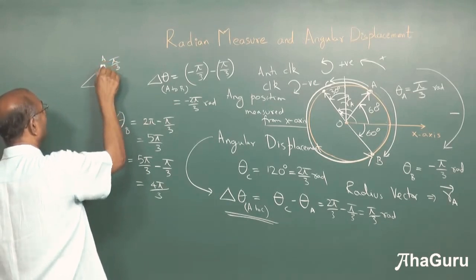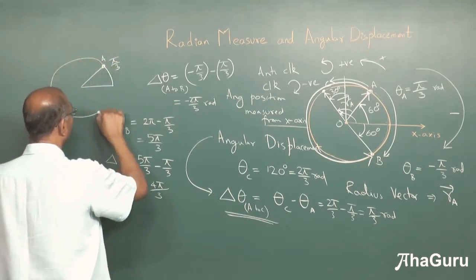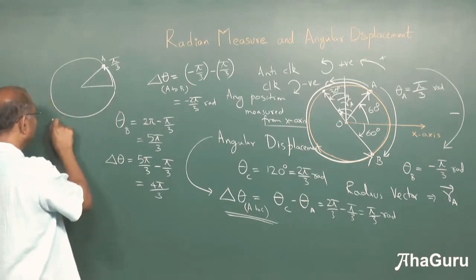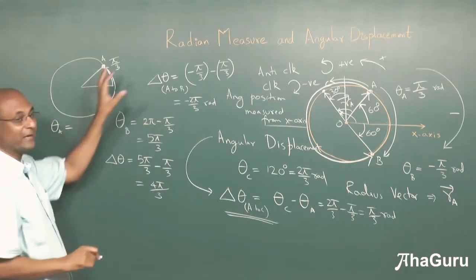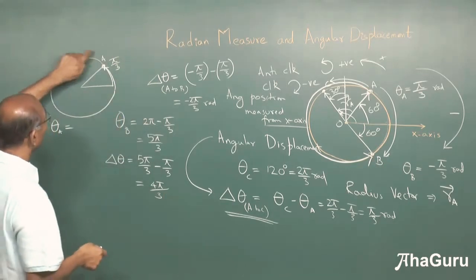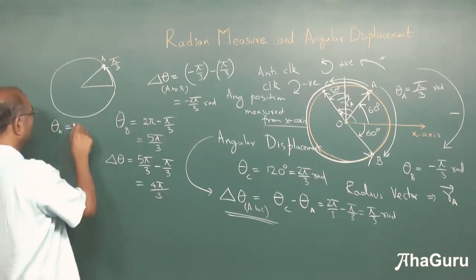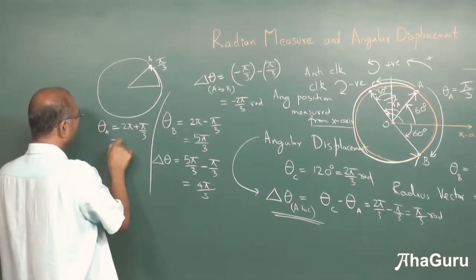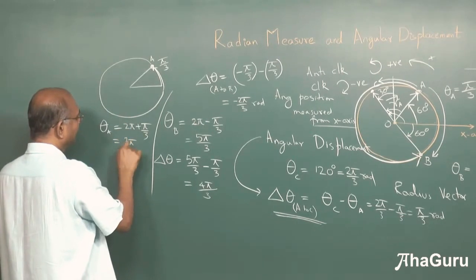This is A. If I go around and then again I reach A, now my angular position is not equal to pi by 3. What is it? It is 2 pi plus pi by 3. How much is that? 7 pi by 3.